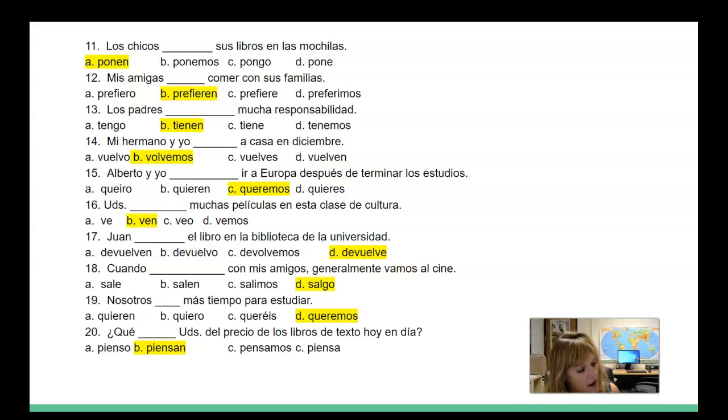Okay, so again, hay muchos verbos y necesitamos practicar un montón. We need to practice so much to get these down pat. And eventually, soon, in our next chapter, we learn the preterite versus the imperfect and the irregular preterite.